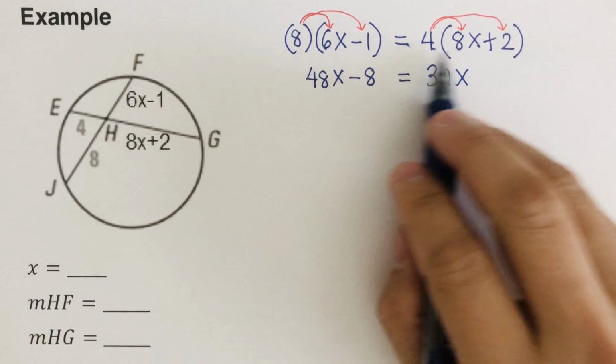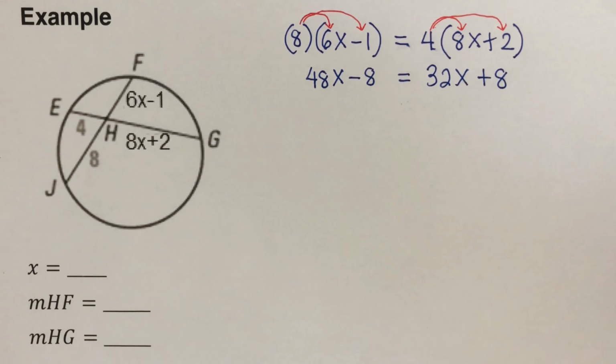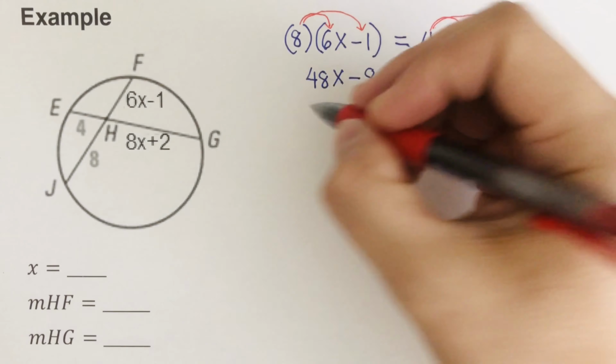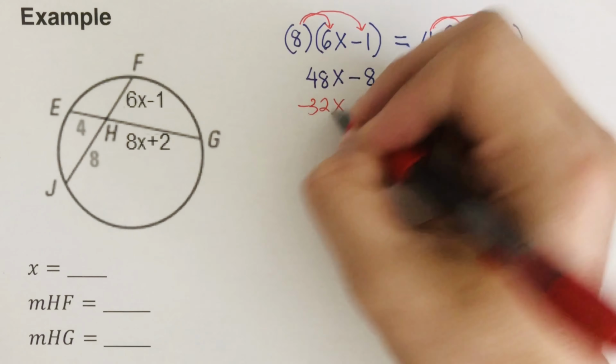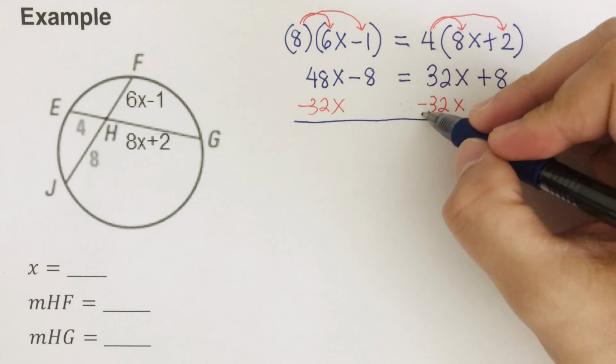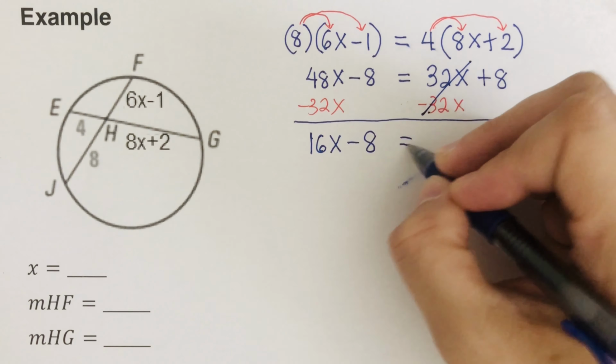And then 4 times 2 is 8. And then from here, we simplify. So we're going to subtract 32x from both sides. So we are left with, we can cross this out, 16x minus 8 equals 8.